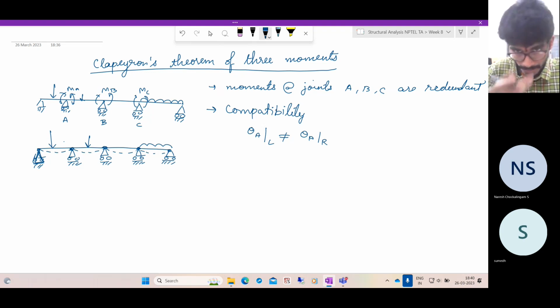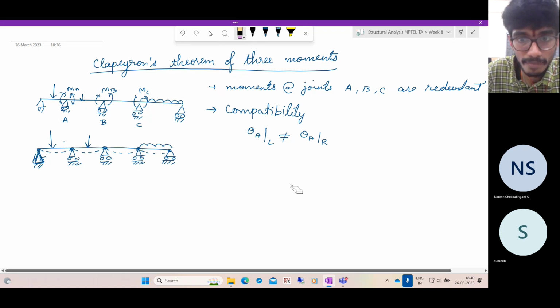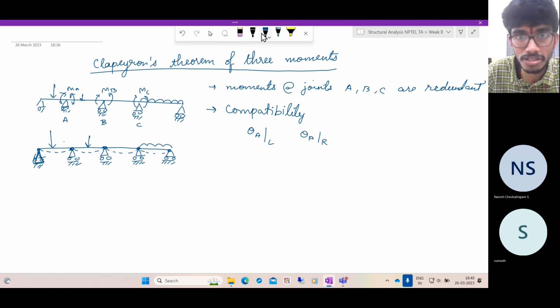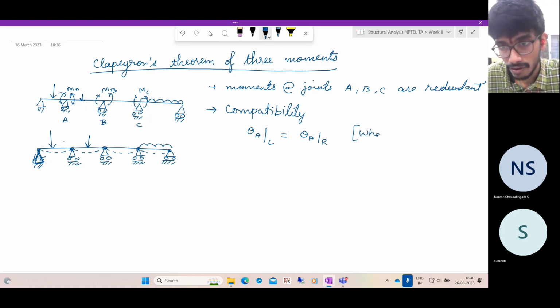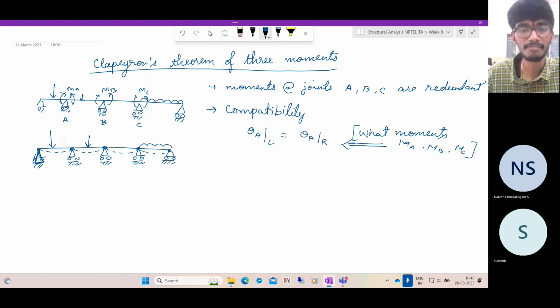So what do we do? If this is the primary structure, to enforce compatibility, we need to make this equal. So we find what moment should be applied at this point. So what moments MA, MB, MC will ensure that the rotations are compatible?